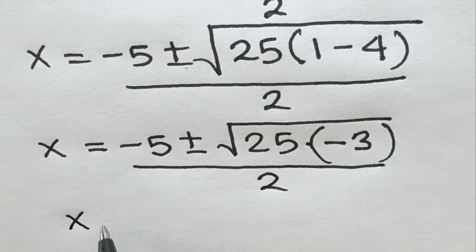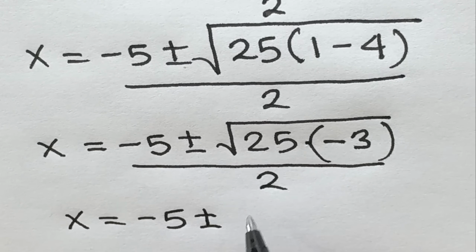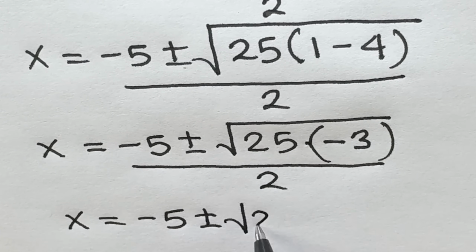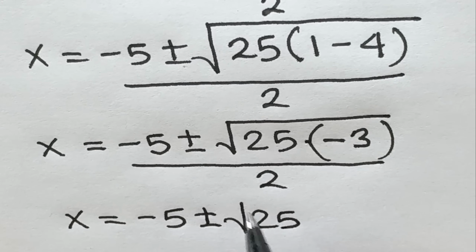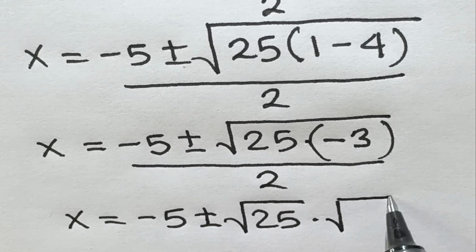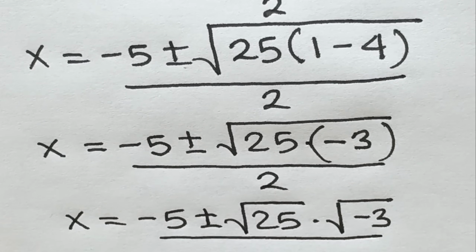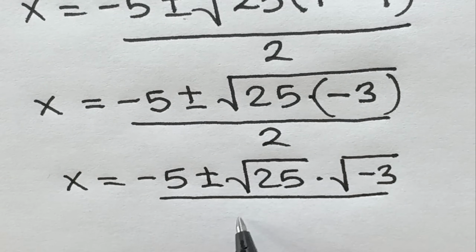We have x is equal to negative 5 plus or minus. I can separate this product to give us the square root of 25, then times the square root of negative 3, divided by 2.